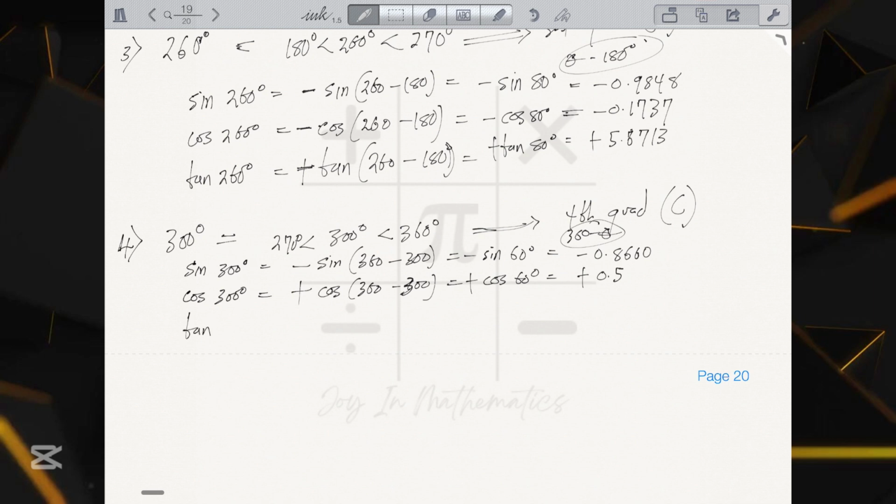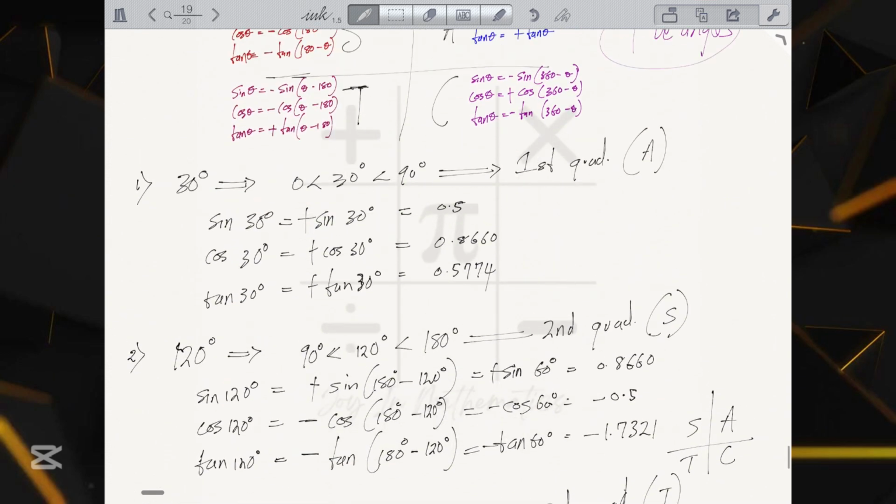And finally, tan 300 degrees is negative tan of 360 minus 300, negative because only cosine is positive in the fourth quadrant. So we have negative tan 60 degrees, which gives us negative 1.7321.